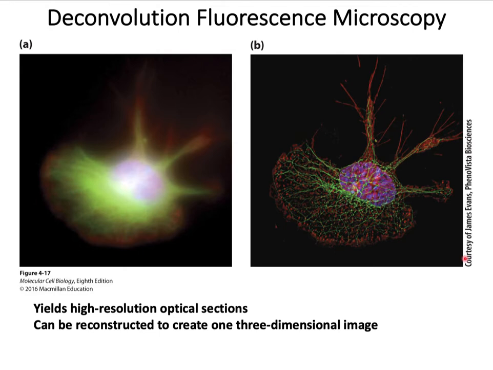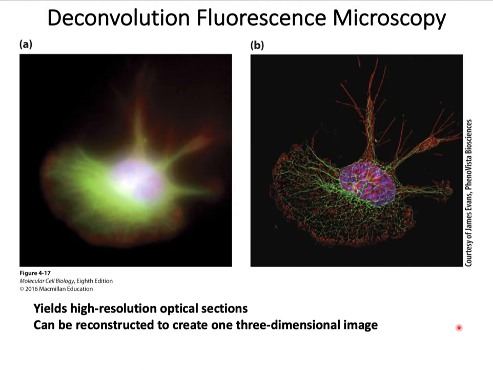Say first it focuses at the 1 micron level of the 5 micron slice of the sample that we were talking about, and collects fluorescence data or optical information only from that plane, canceling data from the 2, 3, 4, and 5 micron planes. Then the microscope focuses and collects data from the 2 micron plane, then the 3 micron plane, and so on.